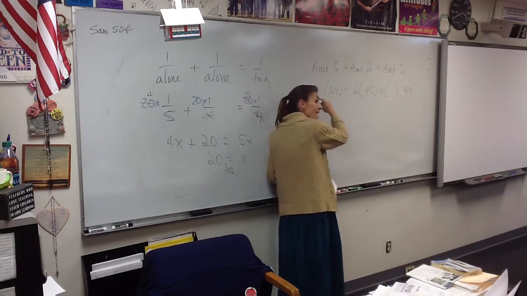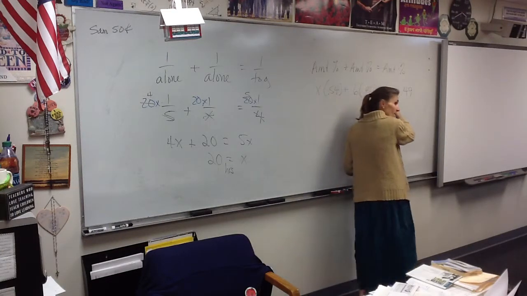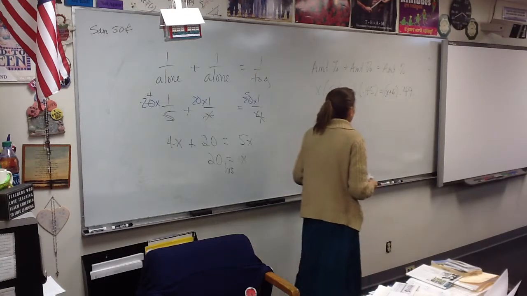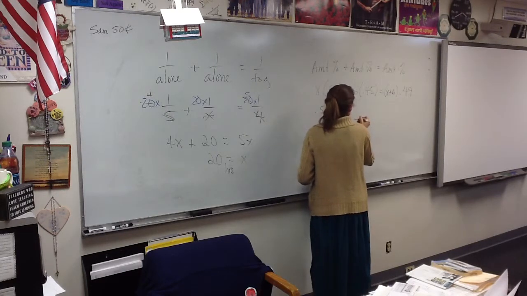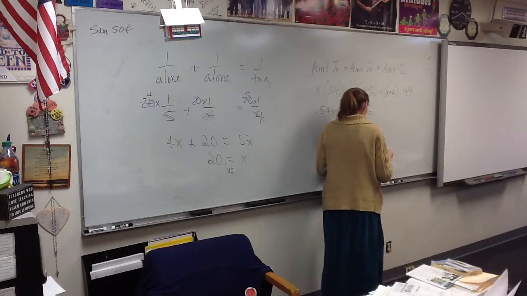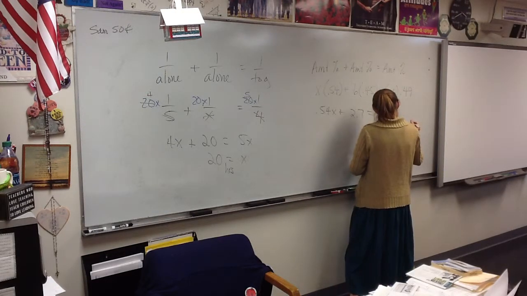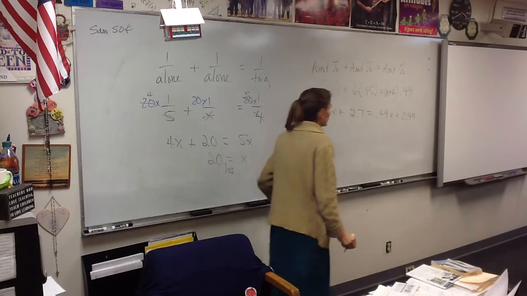If I dump in x quarts and 6 quarts, what's in my bucket? So I have 0.54x plus 2.7 equals 0.49x plus 2.94.